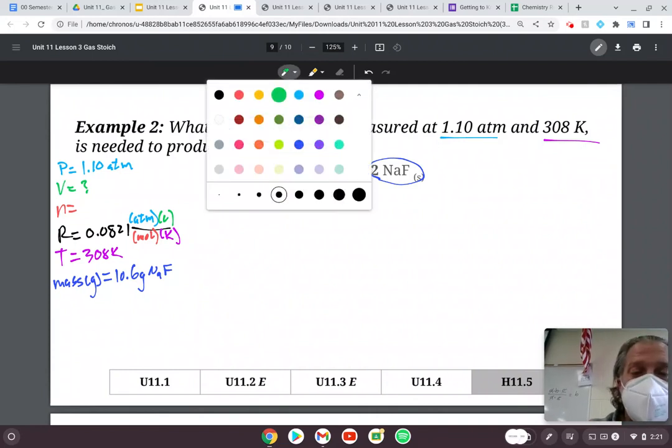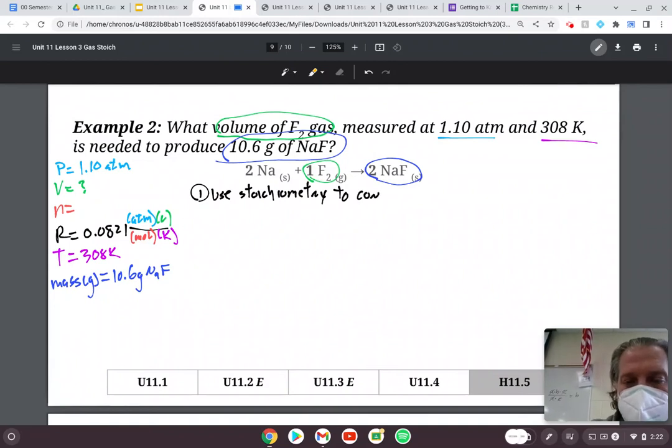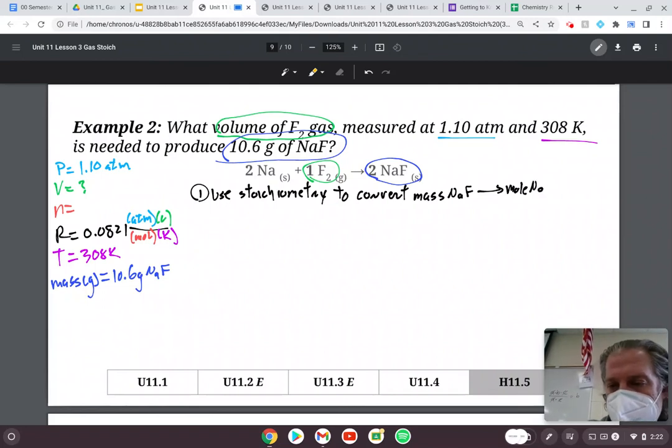So we are going to use stoichiometry to convert mass of NaF to moles of NaF to moles of F2.